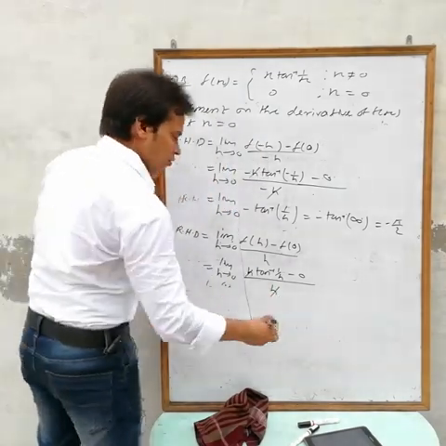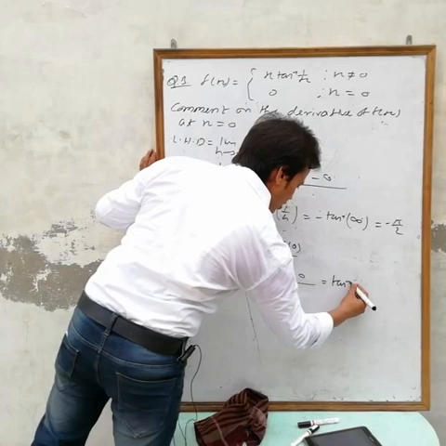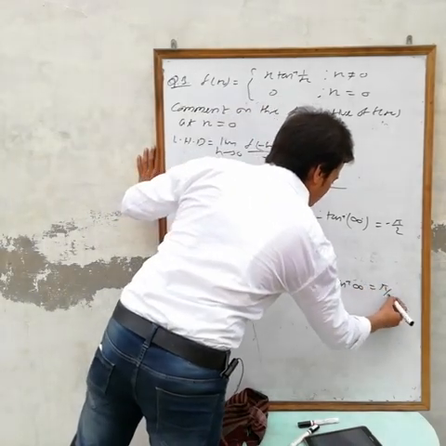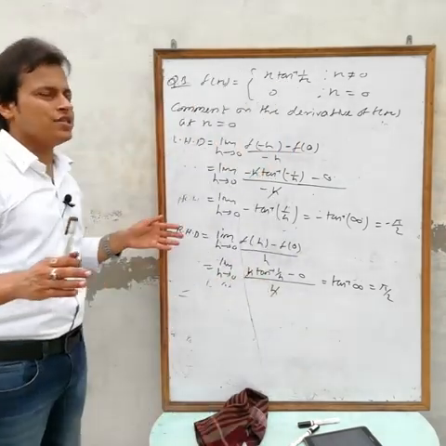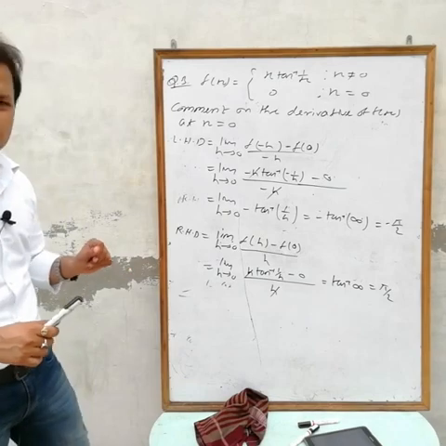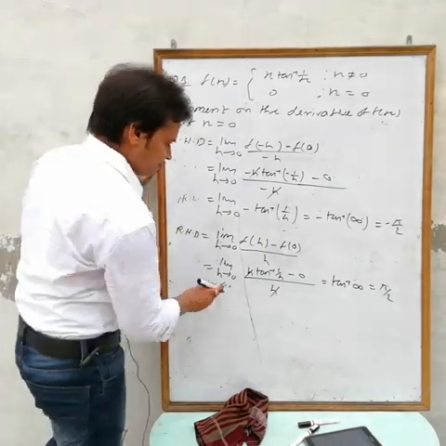Now, put h equals to 0, what are we getting? Tan inverse 1 by 0 is infinity, that is equals to pi by 2. Now, we are getting LHD not equals to RHD. LHD is minus pi by 2, RHD is plus pi by 2.